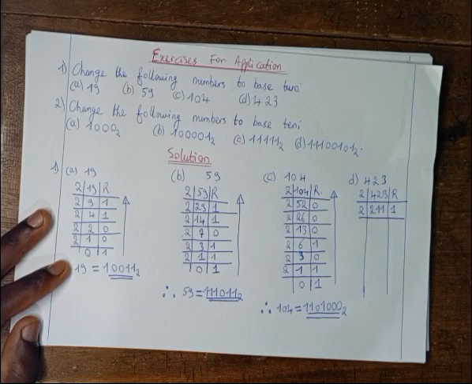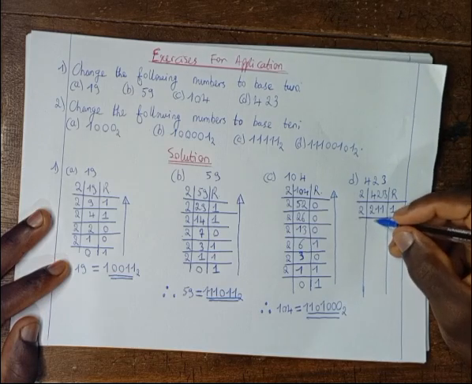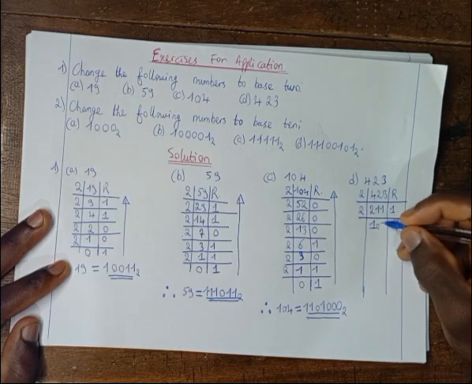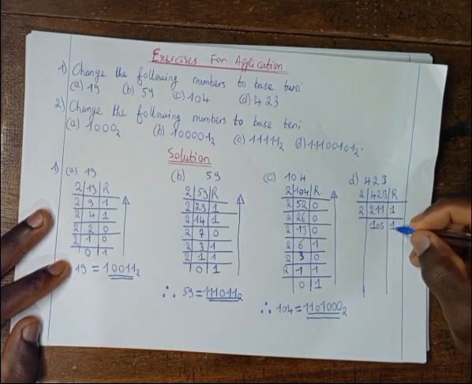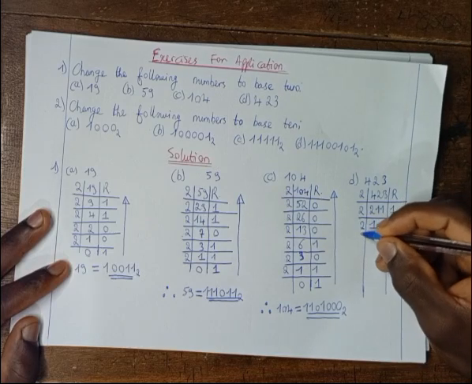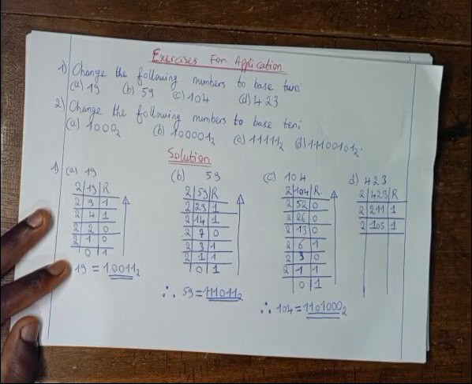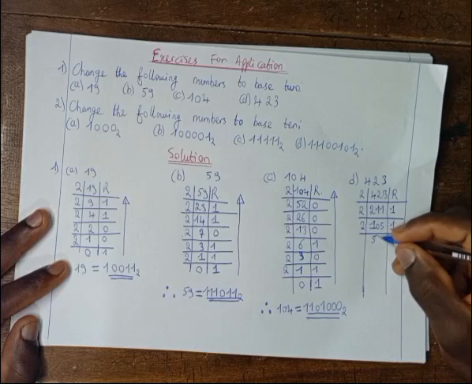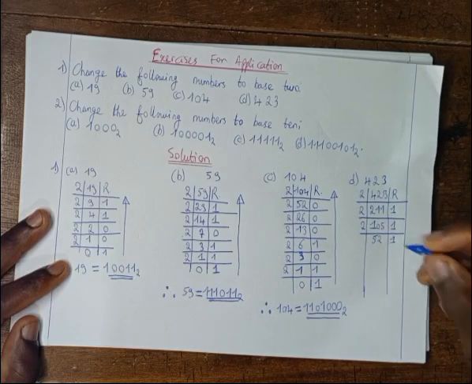Next we divide 211 by 2. This will give us 105, remainder 1. Bring down 2. We have to divide the number 105 by 2. This will simply give us 52, remainder 1.